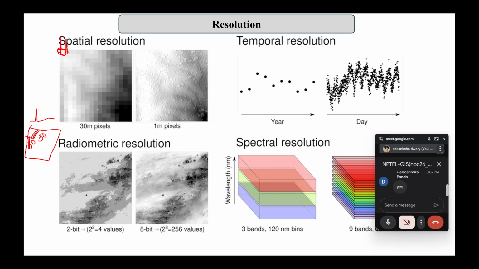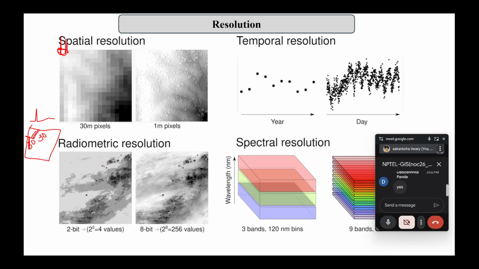Suppose there is a small pond or a small park, anything with a dimension less than 30 meters. It cannot be well represented in the 30 meter image, but in the 1 by 1 meter image it will be well represented. So we have more spatial information here. This is what spatial resolution means.